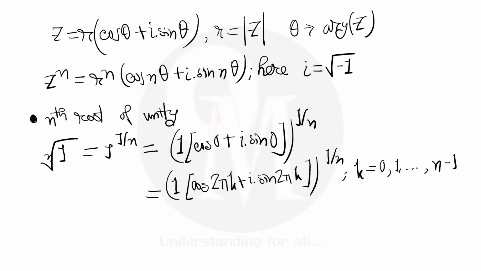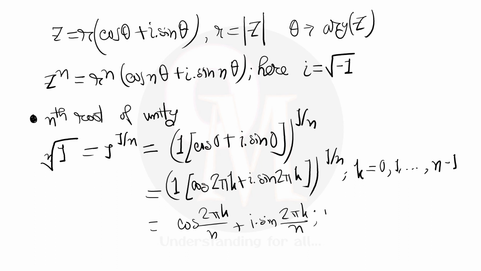Then what do we get? We get cos of 2 pi k by n plus i into sine of 2 pi k divided by n.